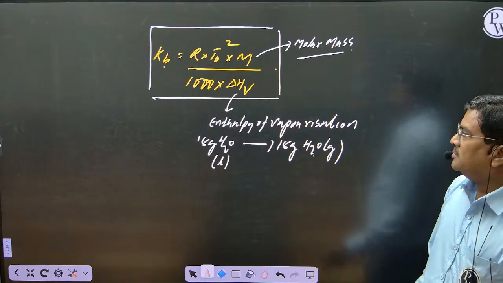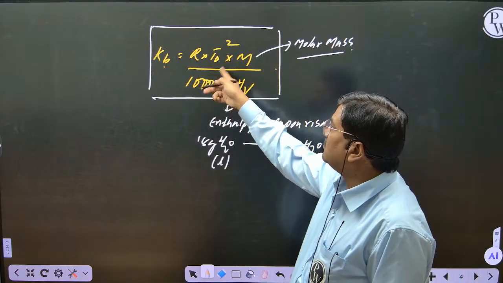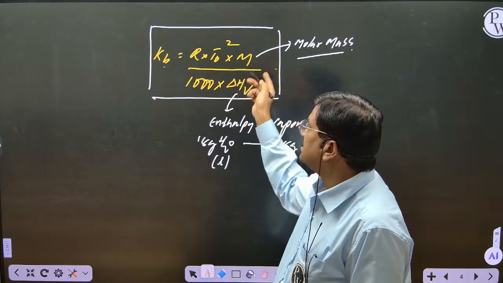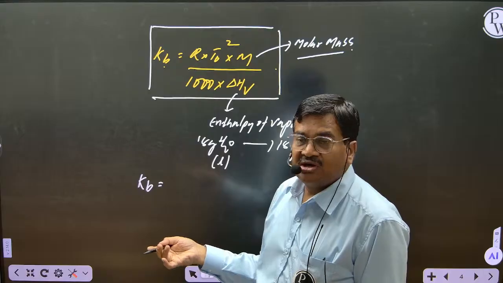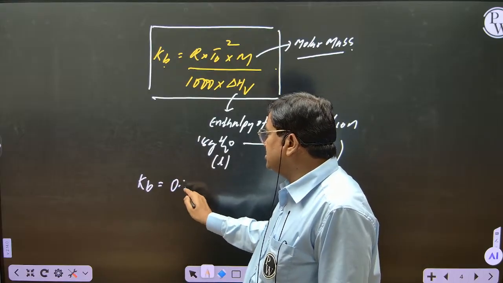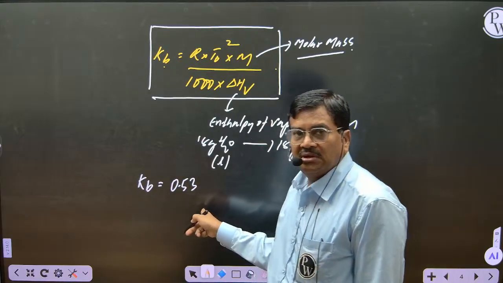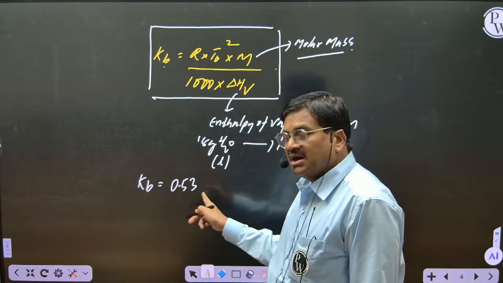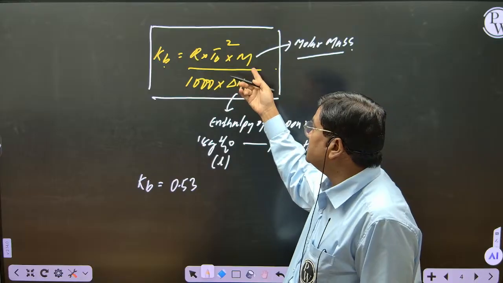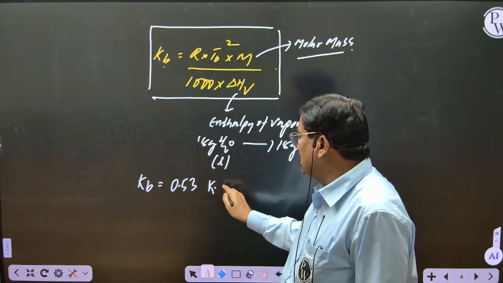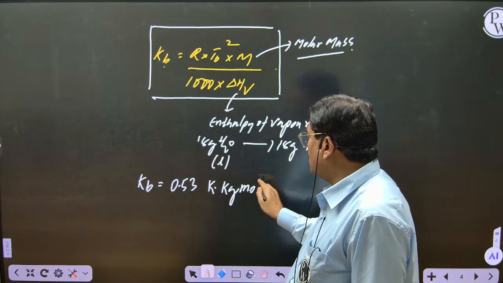Now if I consider water, I have to take 100. On substituting, as I told you, the Kb value will be fixed for a solvent. For water it comes to 0.53. This is the ebullioscopic constant for water. If it is for benzene, we get another value on substituting. What will be the unit? Kelvin kg per mole.